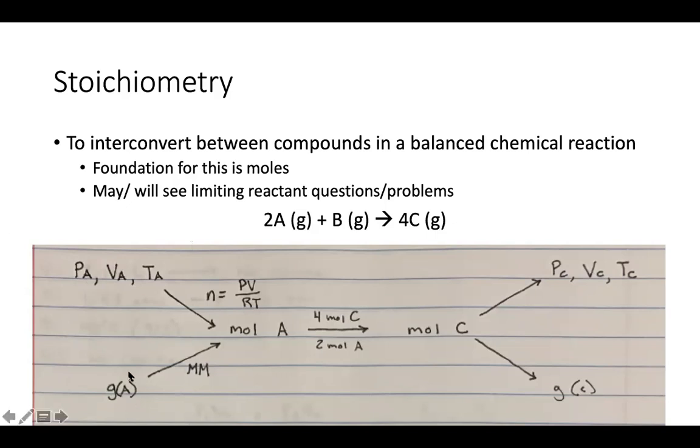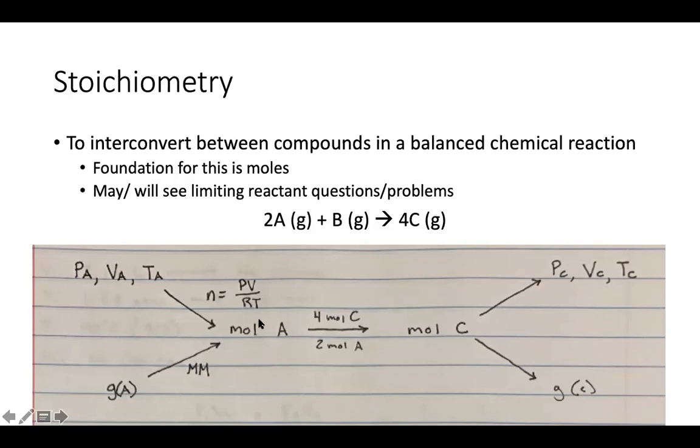You'll typically be given how many grams of a compound you have, so grams of compound A, or you'll be given the pressure, volume, and temperature of A. Okay, and given this, you can convert to moles of A. So if you're given grams, you can use the molar mass to convert to moles. If you're given pressure, volume, and temperature, which you'll often be given in this chapter because it's chapter 5, right, you can use your ideal gas law to solve for N, your moles of A.